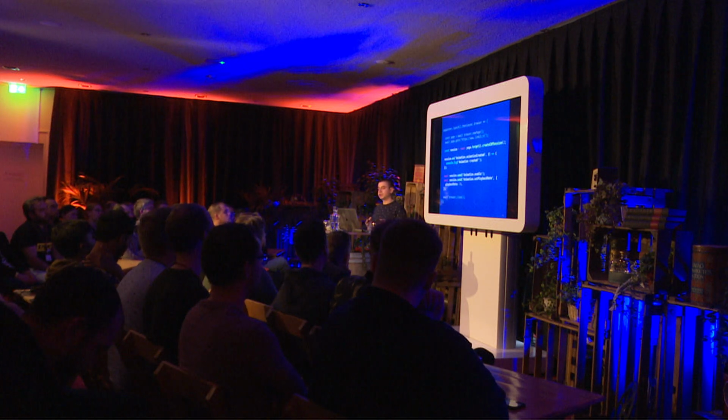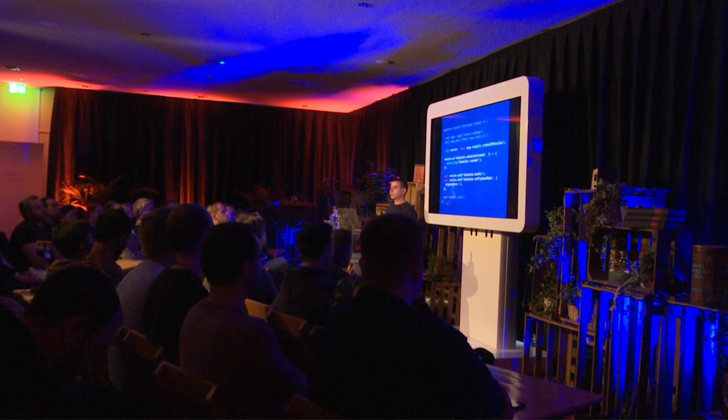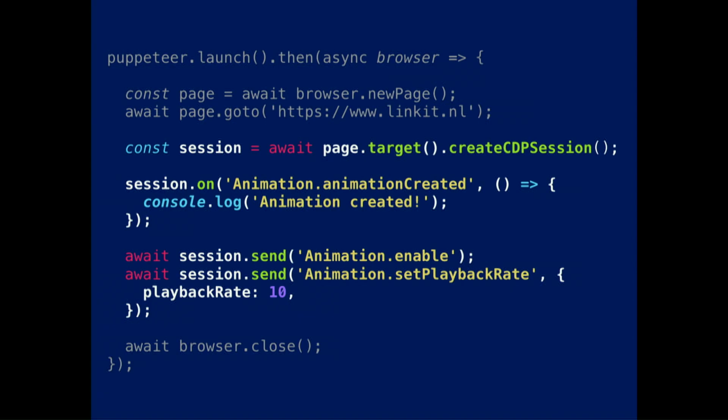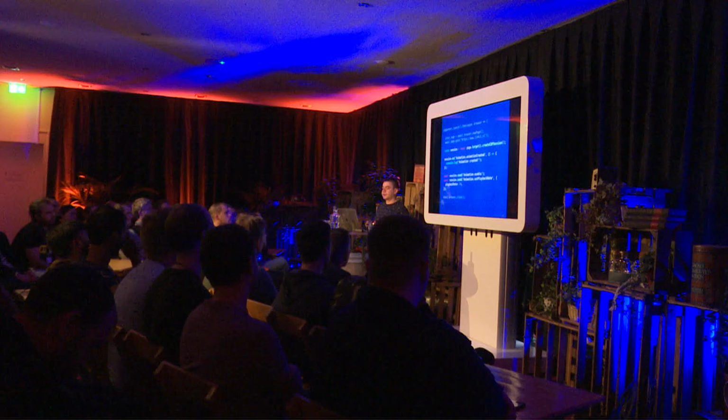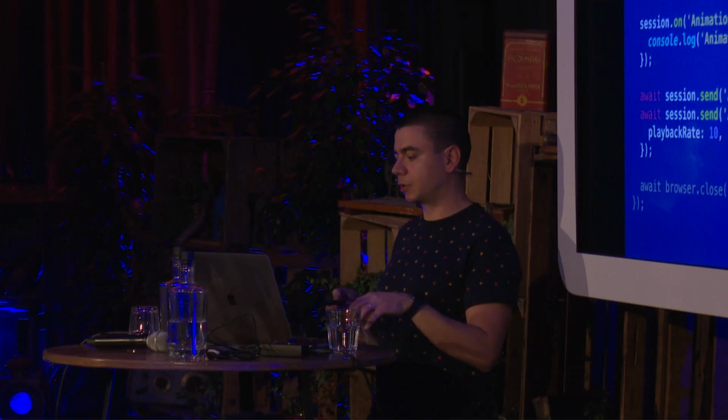For this example, we are listening on the animation created event, or we can send events: Animation enable, then Animation set playback rate with playback rate 10. It will speed up the animation playback rate on your web page by 10, so you will see all the animations going like crazy. But this is just one example, and you can use the whole set of Chrome DevTools protocol commands with it.